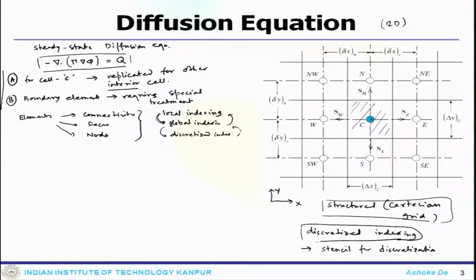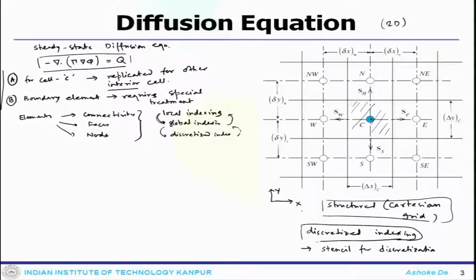That means the particular concerned element which is surrounded by some other elements, all this information. So, it boils down to one important thing, that all connecting elements, connecting faces, connecting nodes and their index, all this important information needs to be tracked.